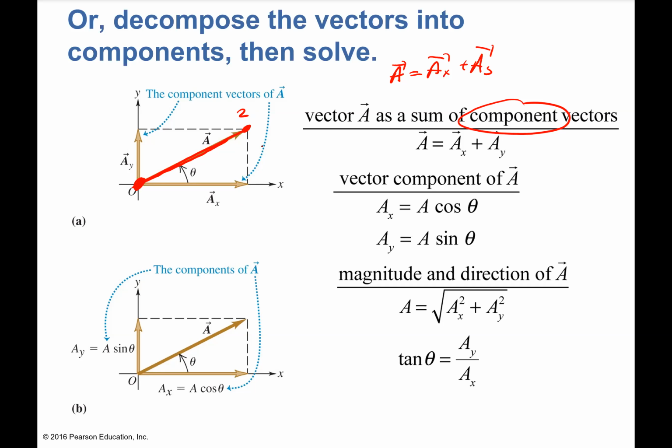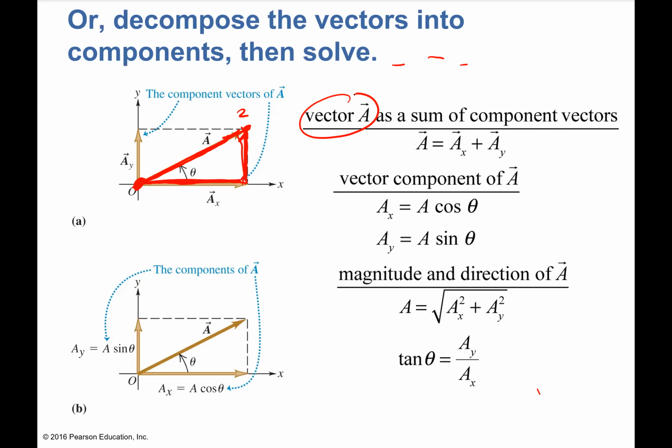But you can also get to that same point by first going along AX and then along AY. That means the sum of AX and AY is equivalent to A, because the end result is the same for both. You go either along A alone, or AX plus AY, and you get to the same position.